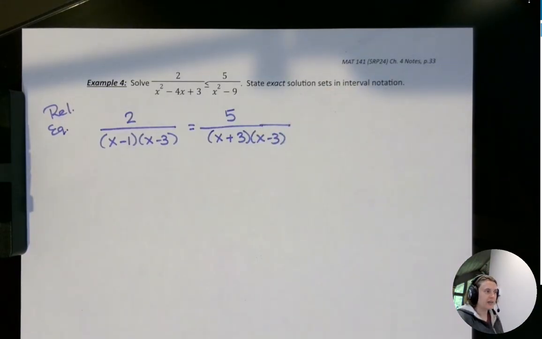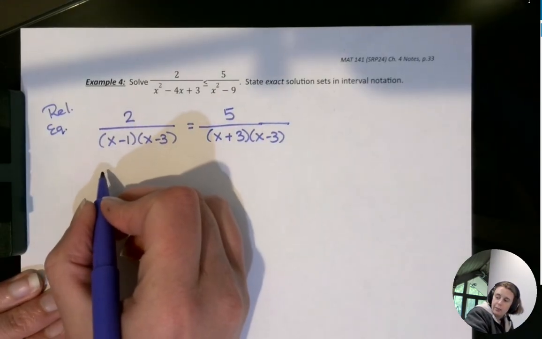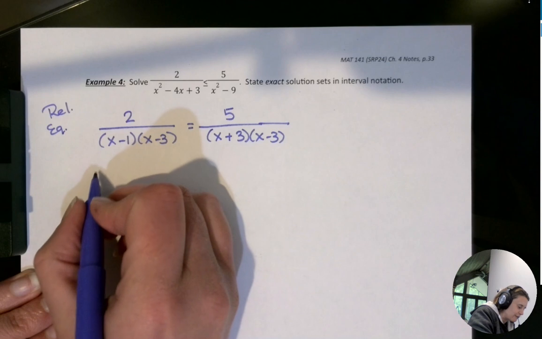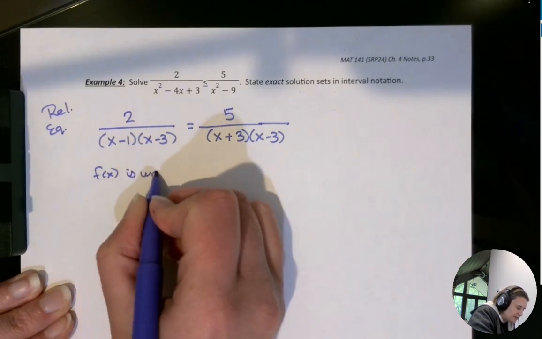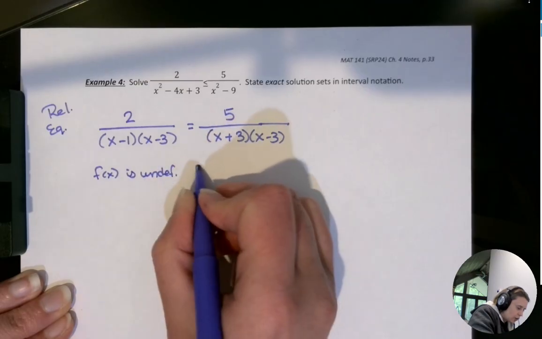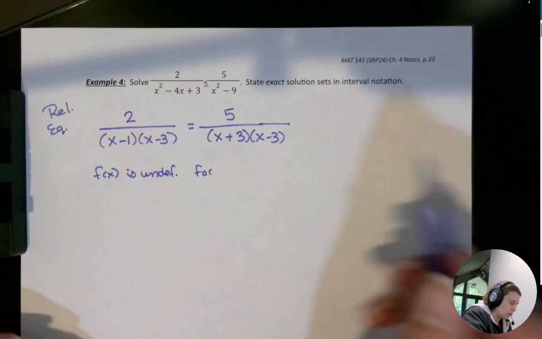Okay, now that the denominators are factored, I'm going to be able to find the domain exclusions, so where f of x is undefined. So f of x is undefined anytime any of the denominators is equal to 0.